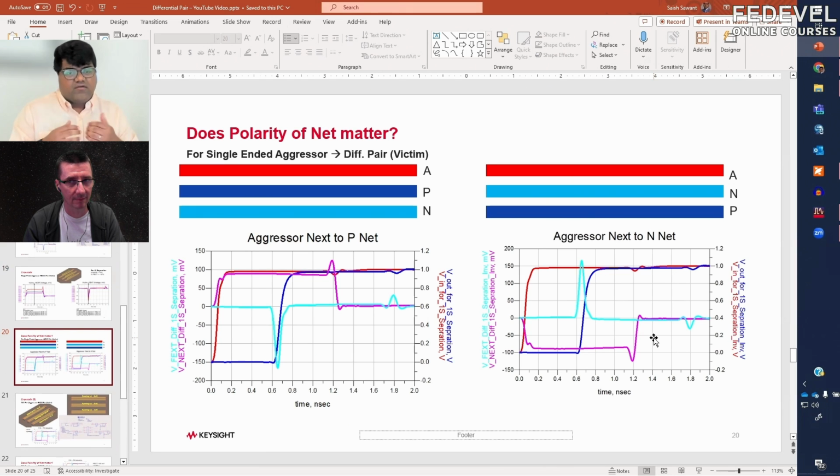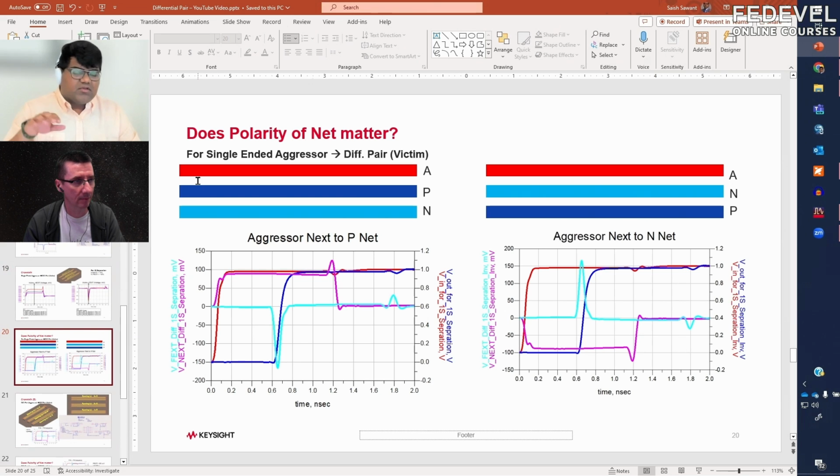To leverage our previous understanding, differential signaling is always complementary, right? The signaling is happening complementary. So for a moment, let's ignore net N and just focus on net P. Whatever signal we see on net P getting impacted, the signal on N is also getting impacted, but just complementary.